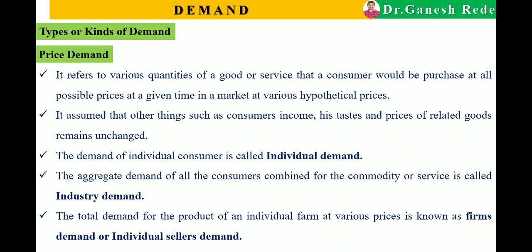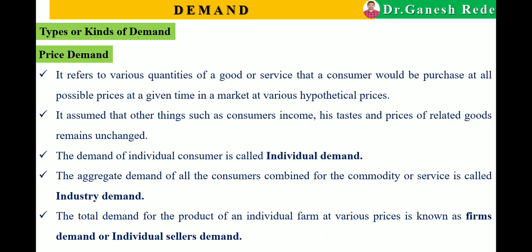So the demand of an individual consumer is called individual demand. When we think about only one consumer, a single consumer, and his demand, it is known as individual demand. Now aggregate demand, aggregate meaning overall or total demand of all the consumers combined for a commodity or service, is called industry demand.